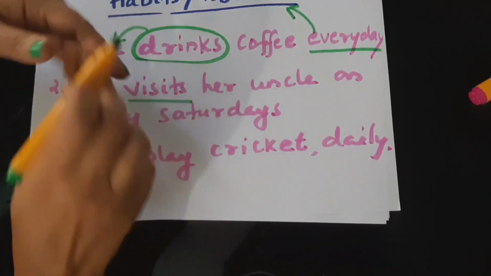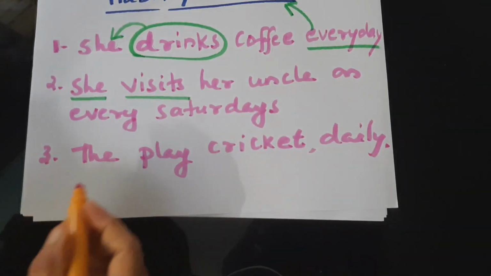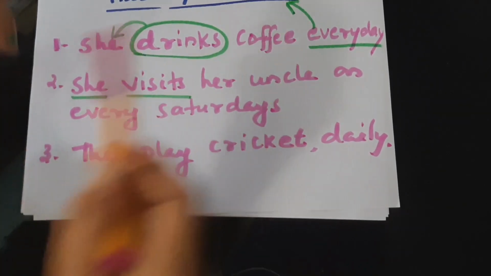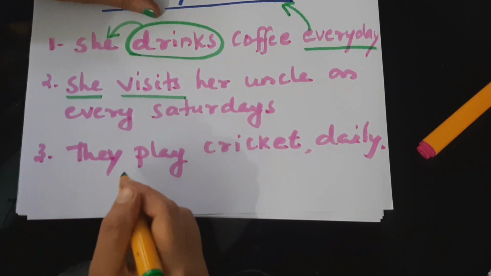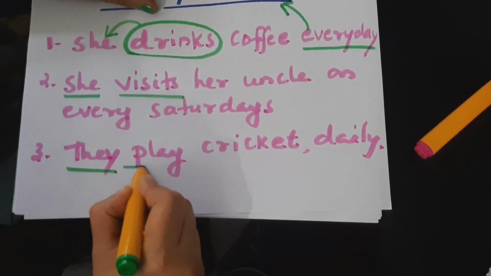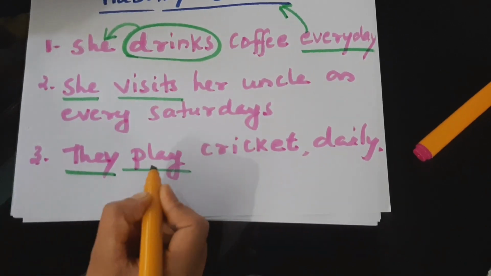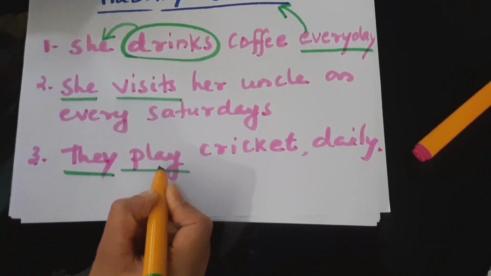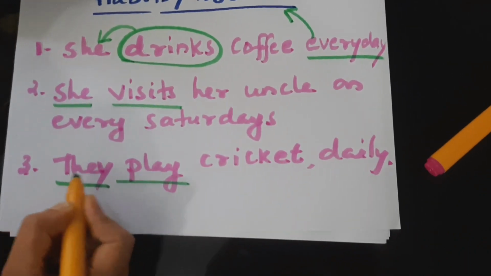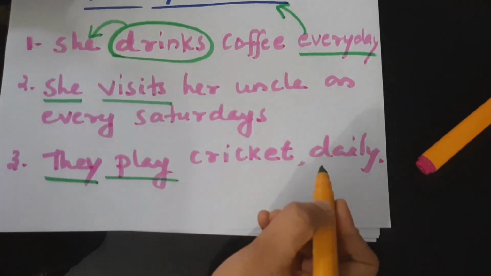Same like that here. They play cricket every day. They means it's a plural subject. That's why we used the plural form here. Okay, play. Instead of plays, we used play because the subject is plural. So that's why they play. They play cricket daily.